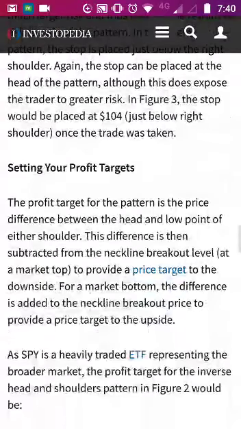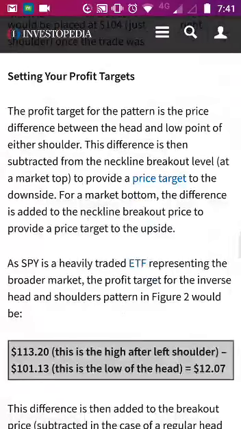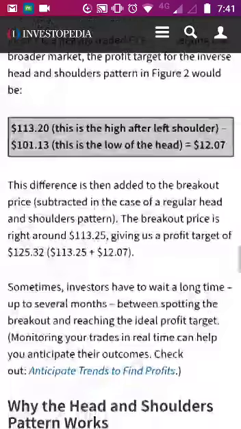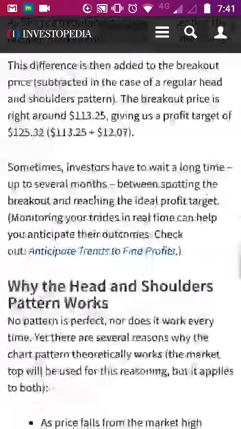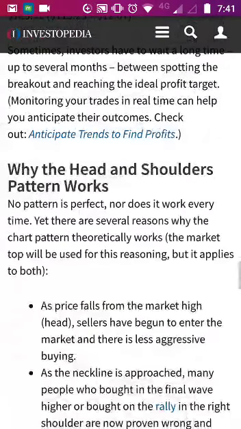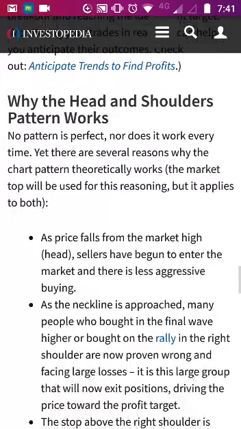So again, some of the basics are mentioned here, but I do not want to go into those details as such. In a live market example, it makes sense when I show you a real-time example. But understanding the terminology is much more important before you jump into understanding what a head and shoulders pattern is.